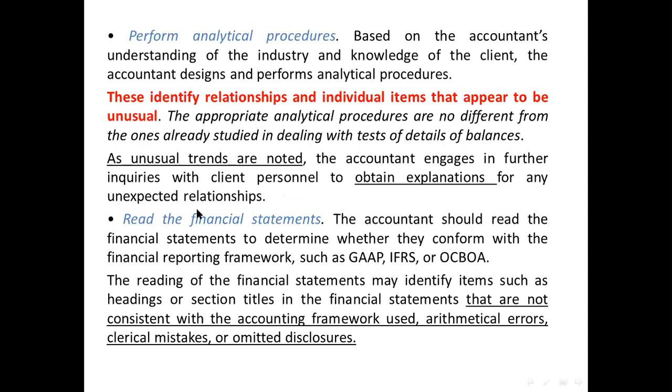The next requirement: read the financial statements. The auditor also will read the financial statements to identify whether they require any modifications, or are fairly presented in accordance with the applicable financial reporting framework, GAAP or IFRS, or other comprehensive bases of accounting.